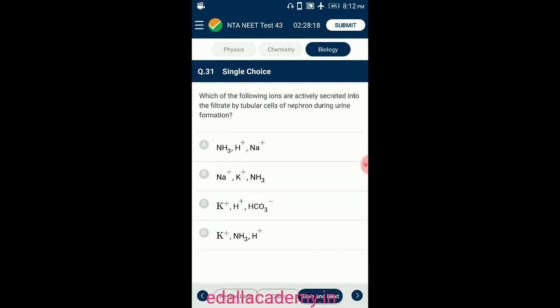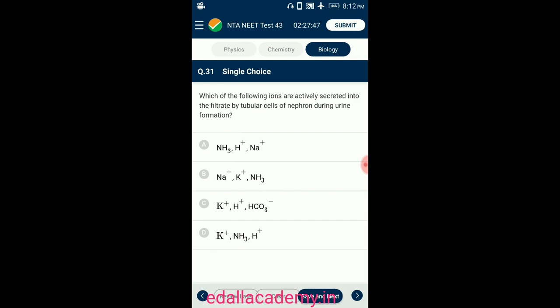Question number 31. Which of the following ions are actively secreted in the filtrate by tubular cells of nephron during urine formation? Tubular secretion is one of the steps of urine formation which mainly occurs by cells of proximal convoluted tubule and distal convoluted tubule of nephrons.